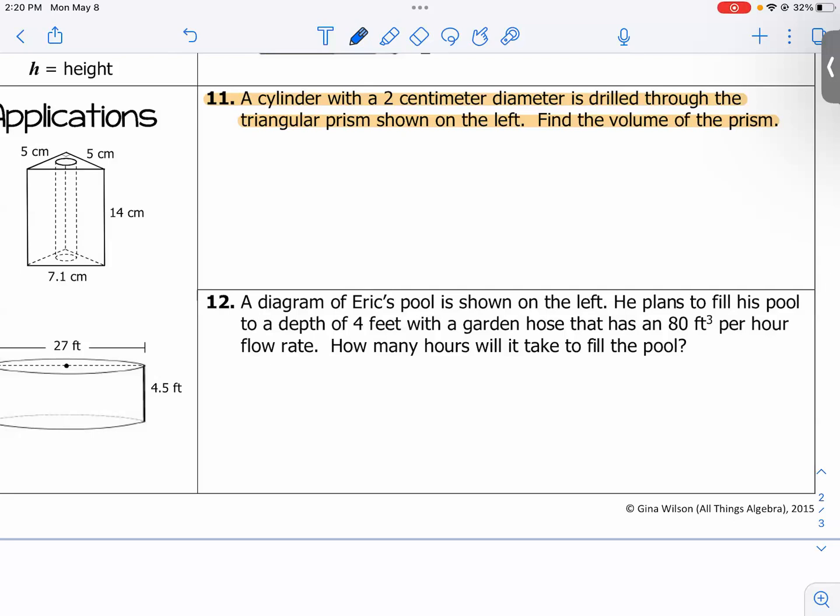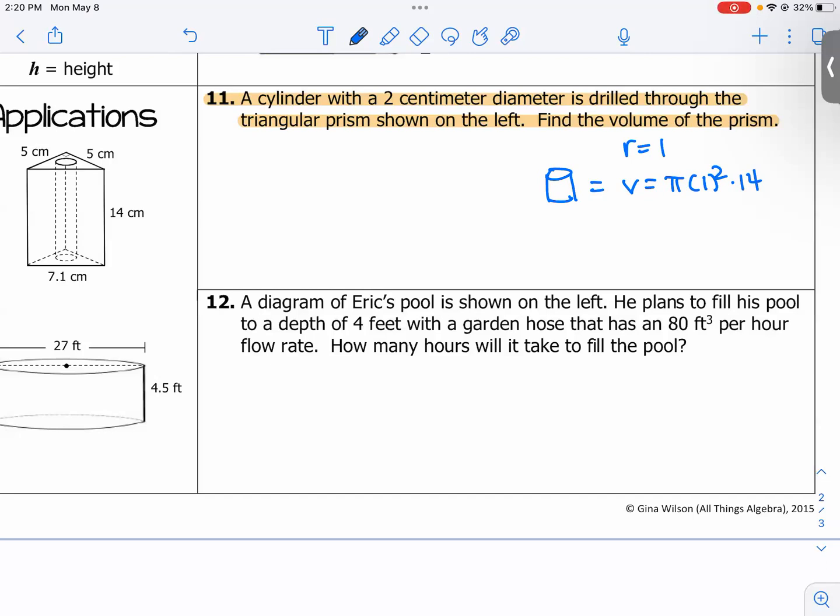Okay. Ara, what in general do we need to do with this information? Okay, so our radius is 1. Okay, so our cylinder, our volume is pi times radius squared times 14.